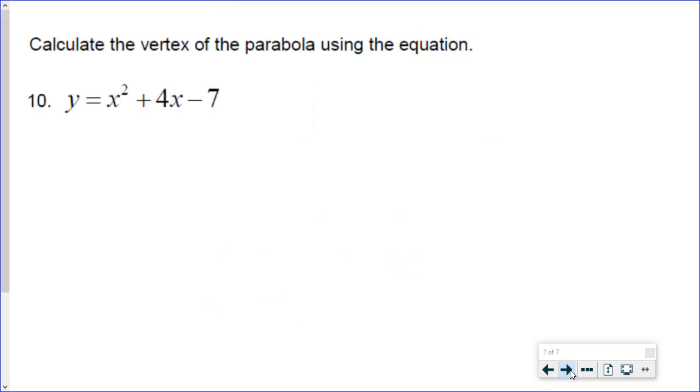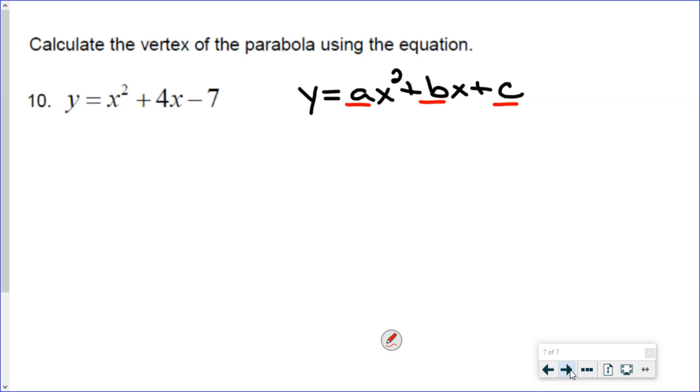Now, it says calculate the vertex using the equation. Here we go. Write this down. If you notice, this is number 10 from the back. Normally when we write a quadratic equation, A is the number in front of the x squared, B is the number before the x, and C is the last number that doesn't have any x's.